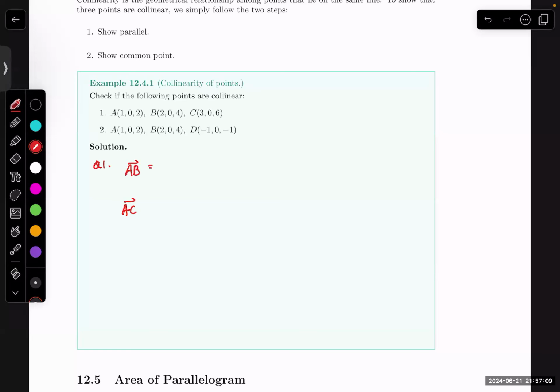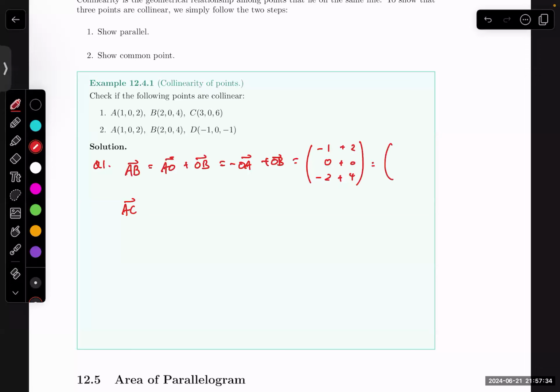Vector AB, let me just write it out because I'm quite slow. Vector AB is vector AO plus vector OB. Vector AO is vector OA but negative, and then plus vector OB. So this is vector OA but negative everything, plus OB. Let me just copy down OB.